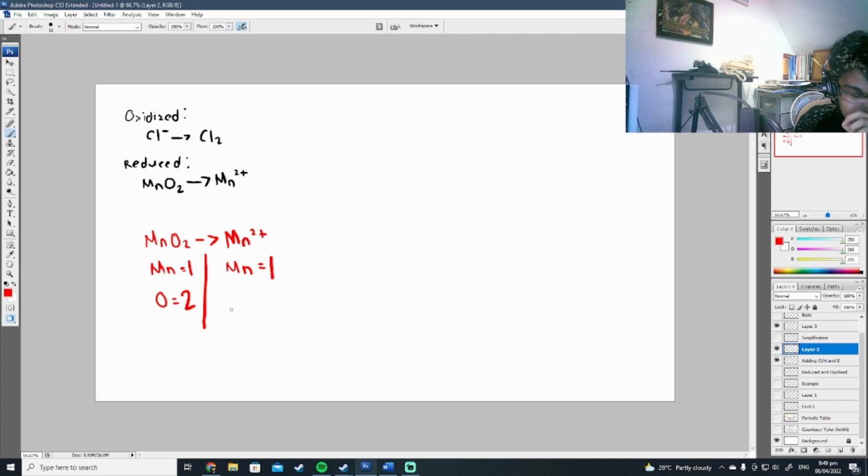Notice that on this side there is an oxygen element, and on the other side there is none. So we have to add oxygen on the other side. How do we add oxygen? We add water, or H2O, to balance it out.